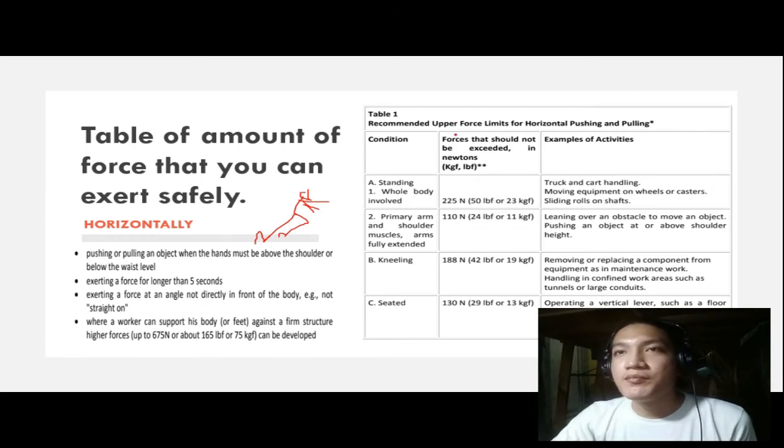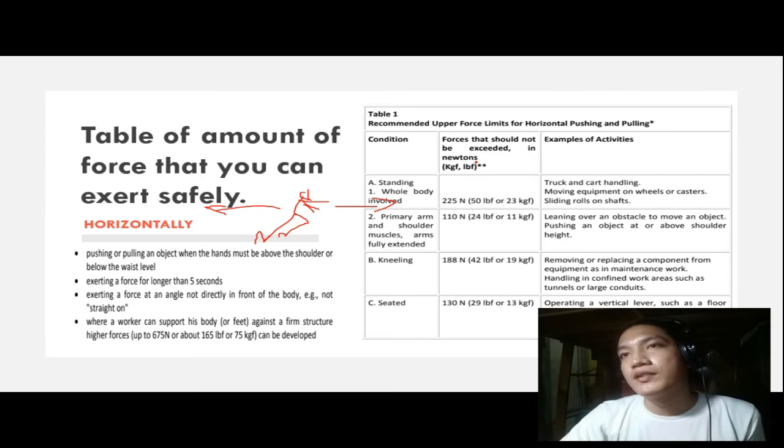So, sa table 1 is recommended upper forces for horizontal pushing. Sabihin, either right or left. So, condition is kapag nakatayo ka, yung whole body involved o buong katawan mo yung ginagamit mo.